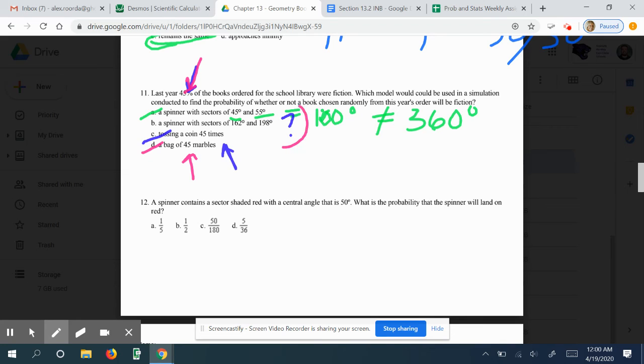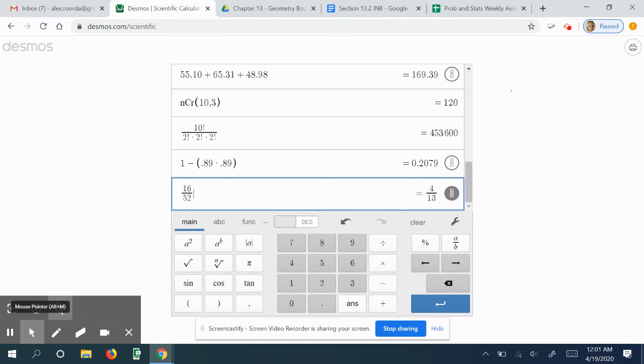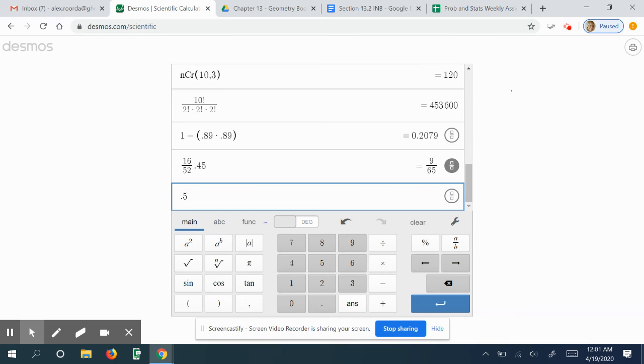But why is it B? Well, the reason is this. 45% or 0.45 of 360 degrees, so 0.45 times 360 degrees, let's check our calculator, is 162 degrees.